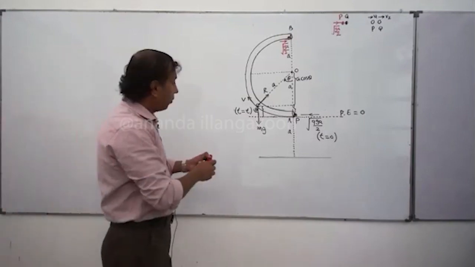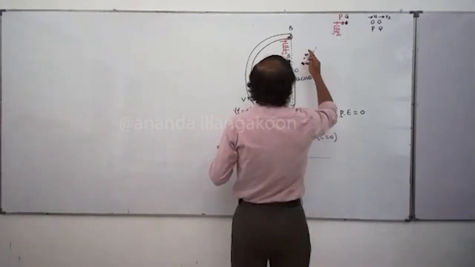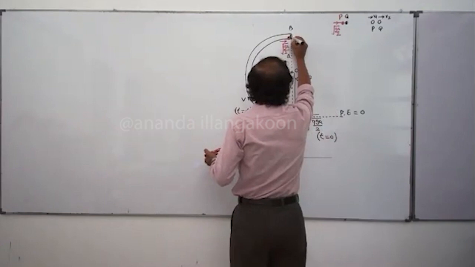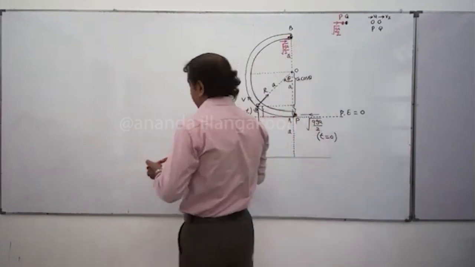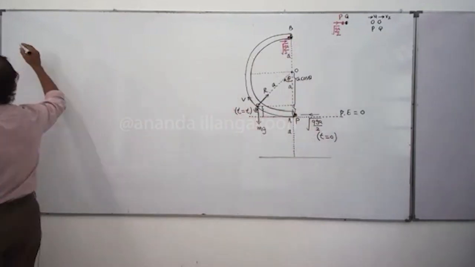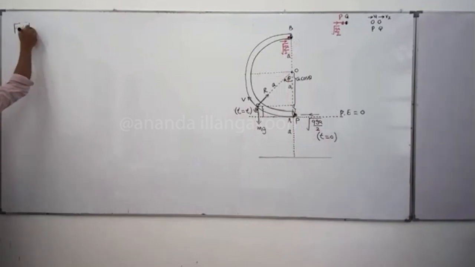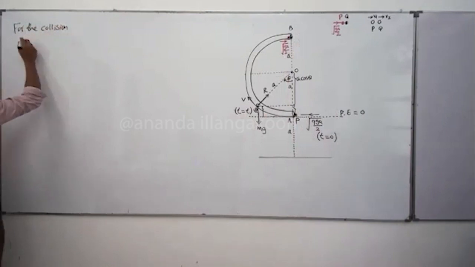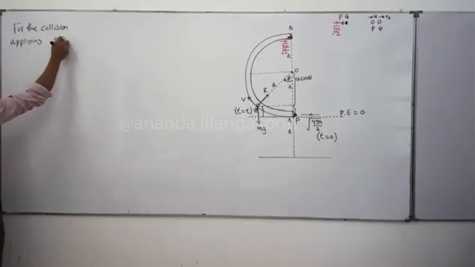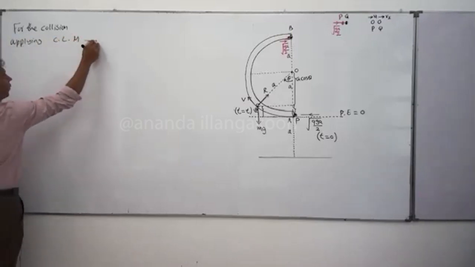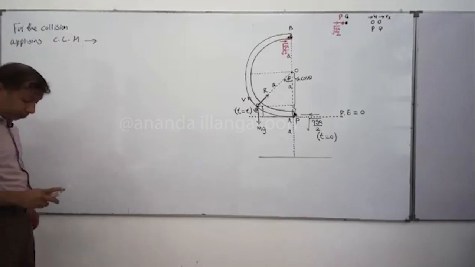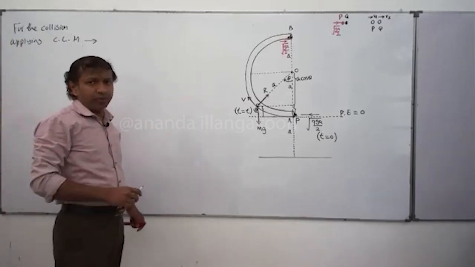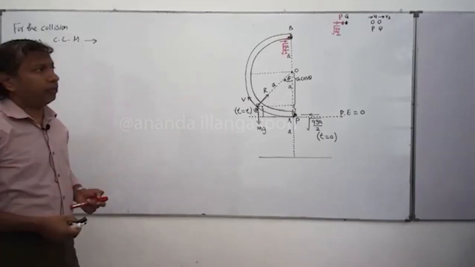Right. Now here we have Q. Now for the collision, we can apply conservation of linear momentum rightward. What is that, people? The total momentum before impact is equal to the total momentum after impact.